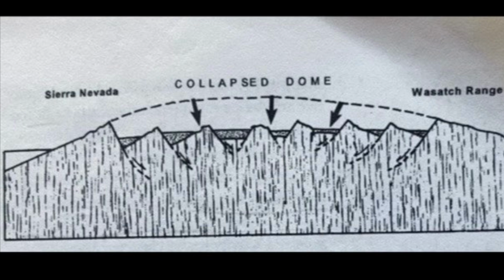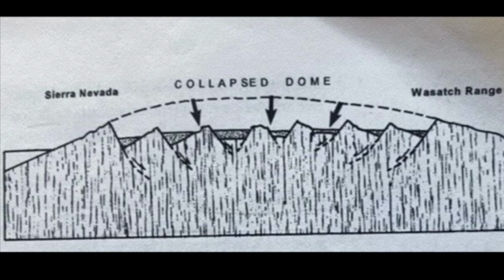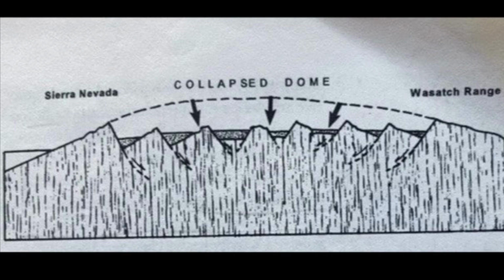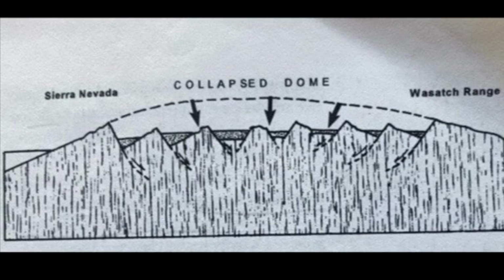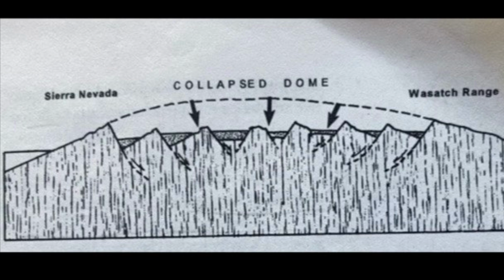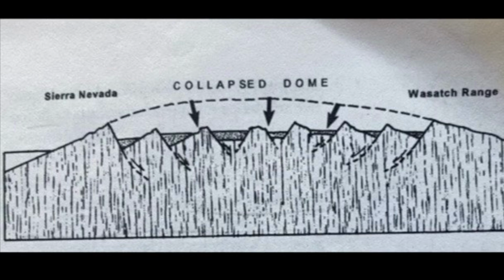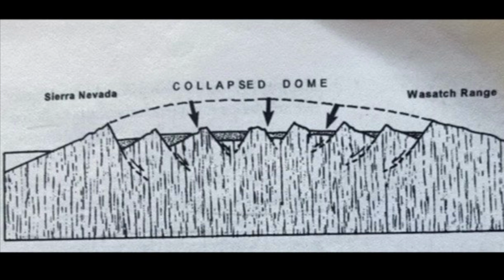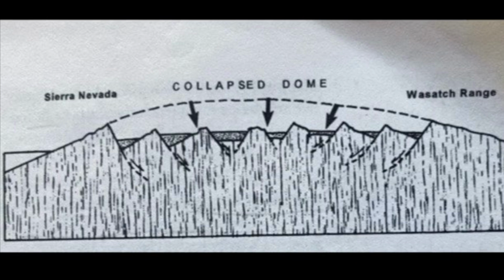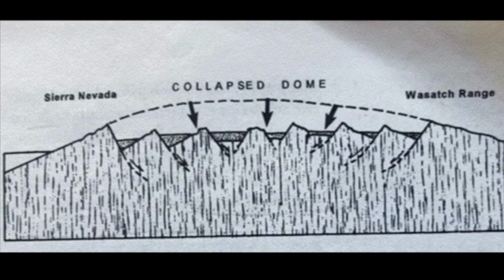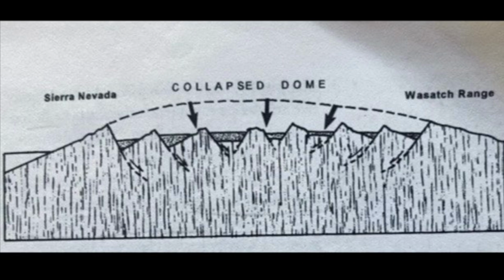The Wasatch Mountains in Utah, about 400 miles to the east, represent the eastern side of this huge block faulted region. The Wasatch Mountains have their steep face on the west or left and their sloping face on the right or east, with all the mountain ranges and valleys in between representing the Basin and Range province of today.